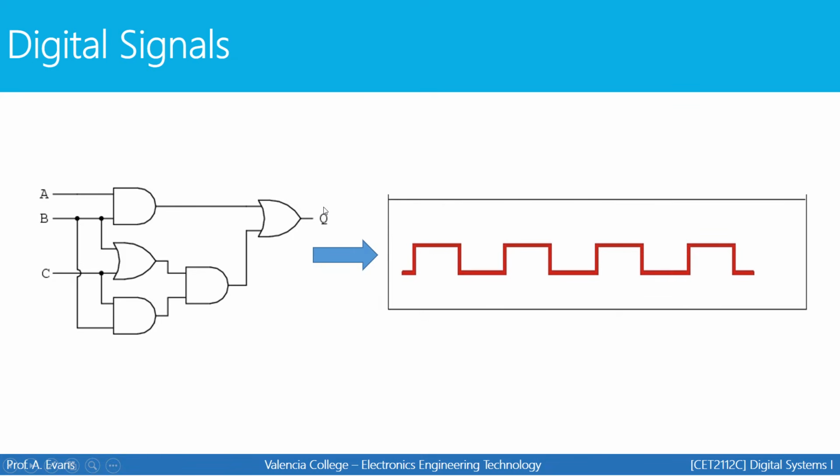Those are inputs. And then we have an output on the right called Q. Since this is a digital system, this is a digital circuit, so the inputs, A, B, and C, can only ever be represented by a 0 or a 1, a high or a low, on or off.